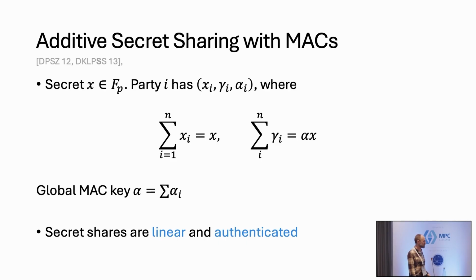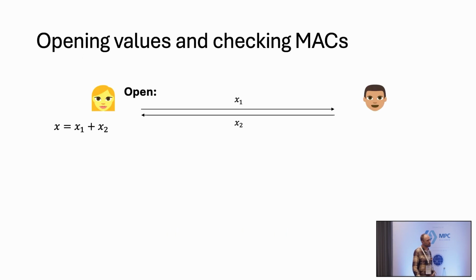The MAC is just the product alpha times x, where alpha is a secret MAC key known to nobody, and the MAC itself is secret shared, so each party gets a share gamma_i of the MAC. This is a linear secret sharing scheme, which is nice, and the MACs are supposed to provide some kind of robustness to allow secret shared values to be opened reliably, at least with abort.